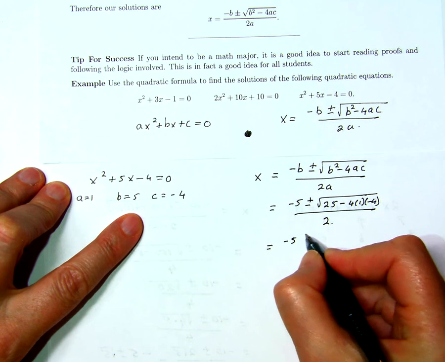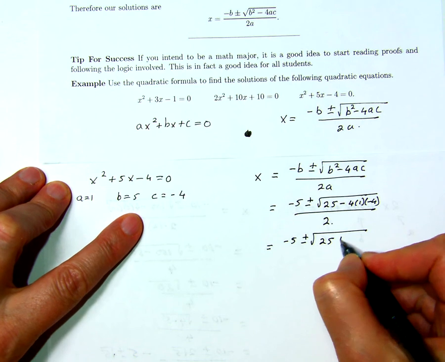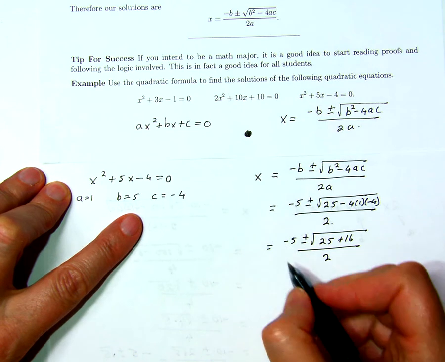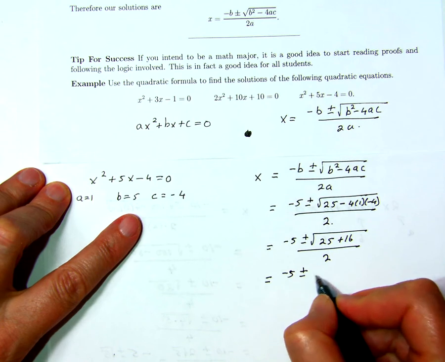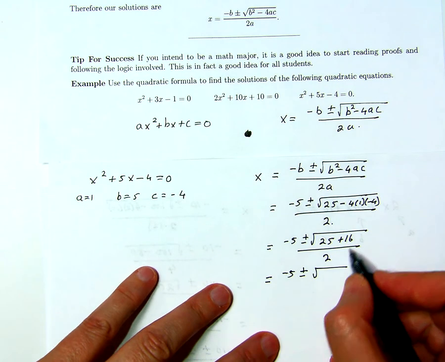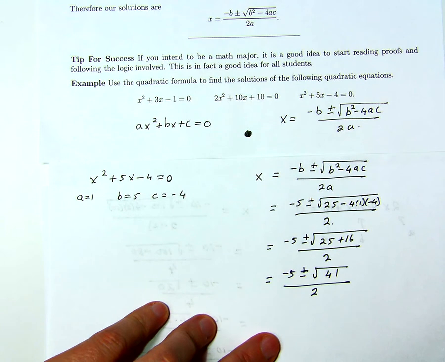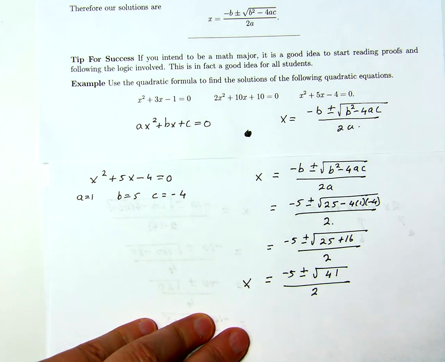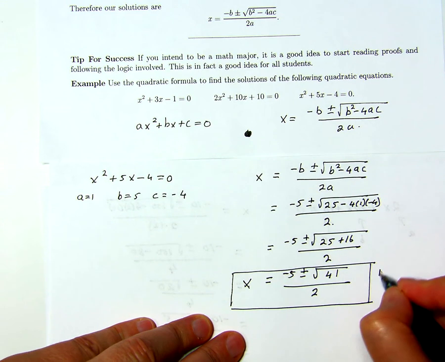And that's equal to minus 5 plus or minus the square root of 25 minus by minus is plus 16 all over 2. And that's equal to minus 5 plus or minus the square root of 25, 35, 41 over 2. So I have two real numbers here. Those are my possible values for x. And again I have exactly two real solutions.